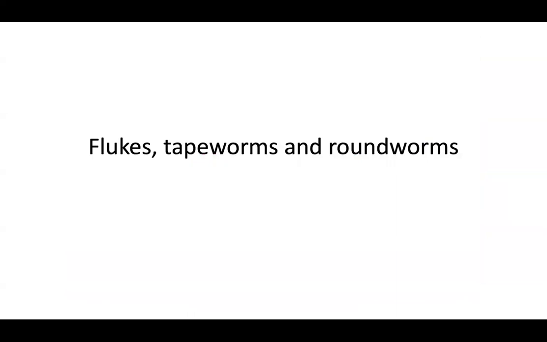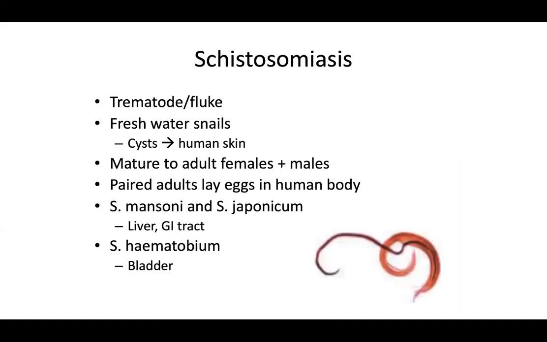Moving out of the virus world and into flukes, tapeworms, and roundworms. We'll start with Schistosomiasis. This is a trematode fluke. It involves freshwater snails. Basically, these cysts with organisms can get into the human skin. They can mature to adult females and males. They have paired adults that lay eggs in the human body.